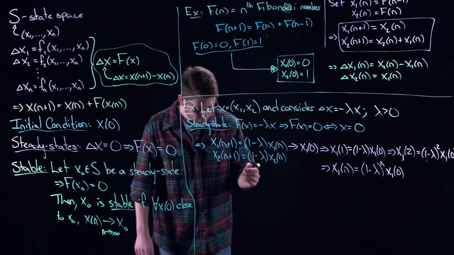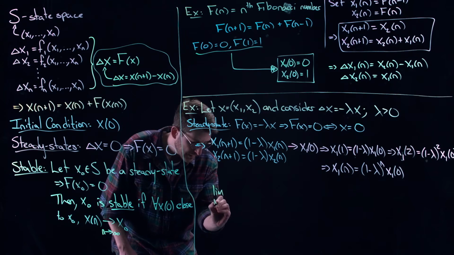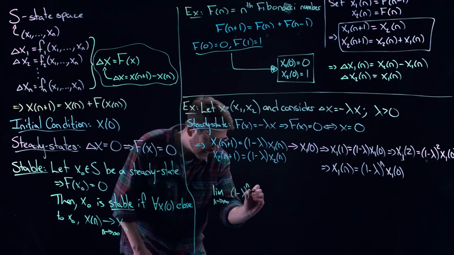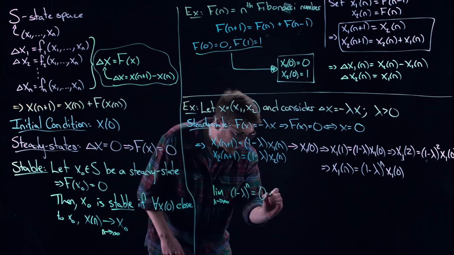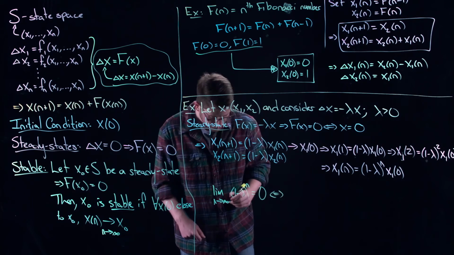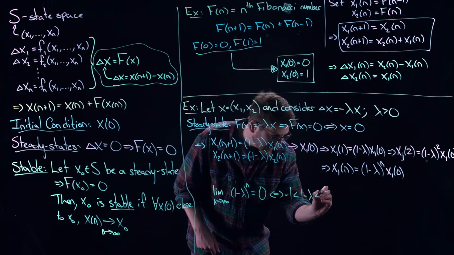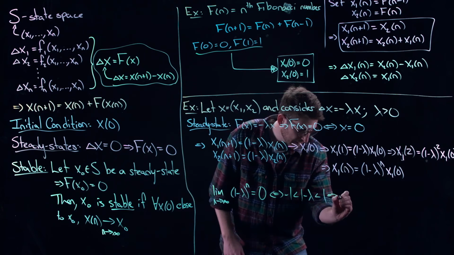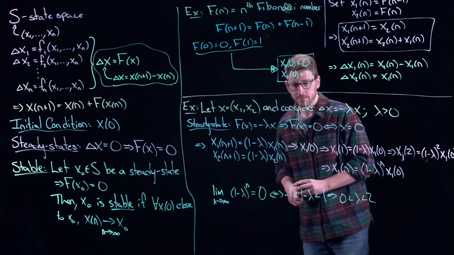Well, first of all, we know that the limit as n goes to infinity of 1 minus lambda to the n is going to be 0 if and only if minus 1 is less than 1 minus lambda, which is less than 1, which is the same as saying 0 is less than lambda, which is less than 2.